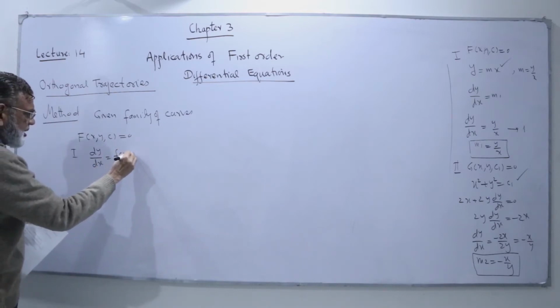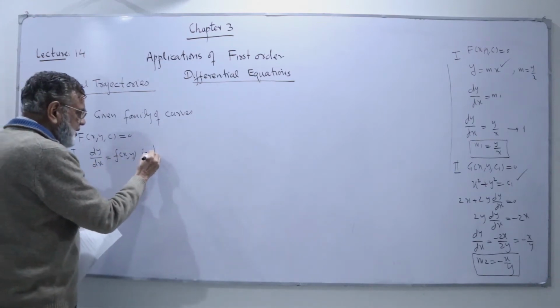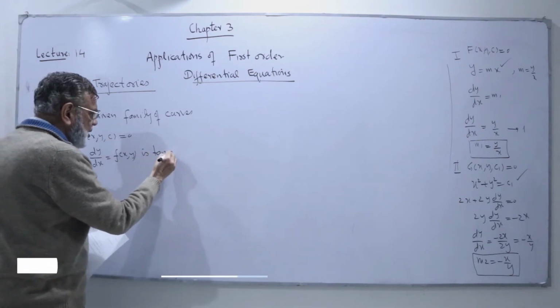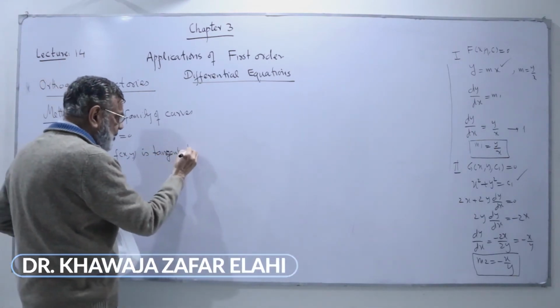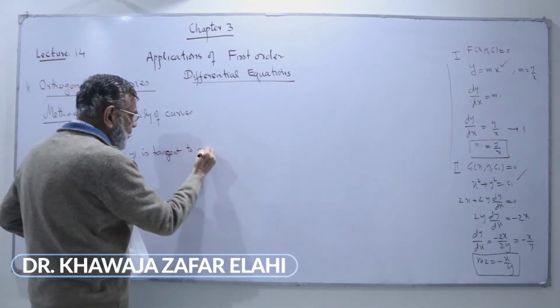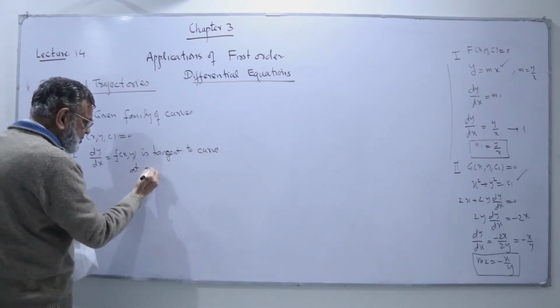We already discussed in chapter 1 how to find the equation for the given equations. So this here is the tangent. We say this is a tangent to the curve at any point (x, y).